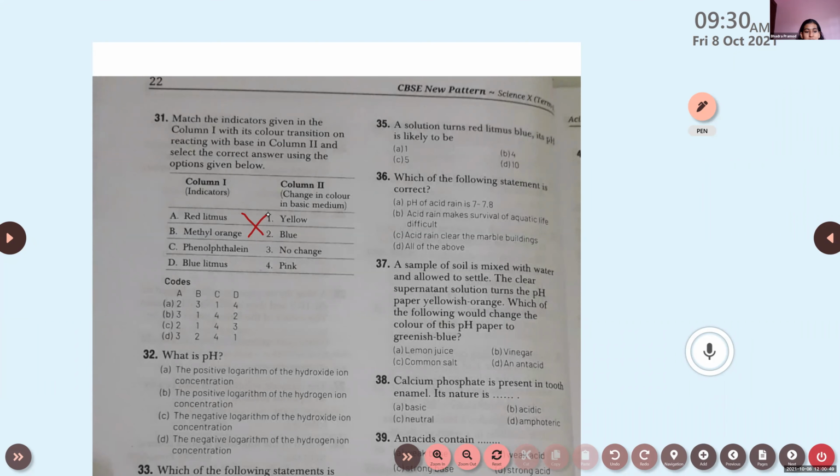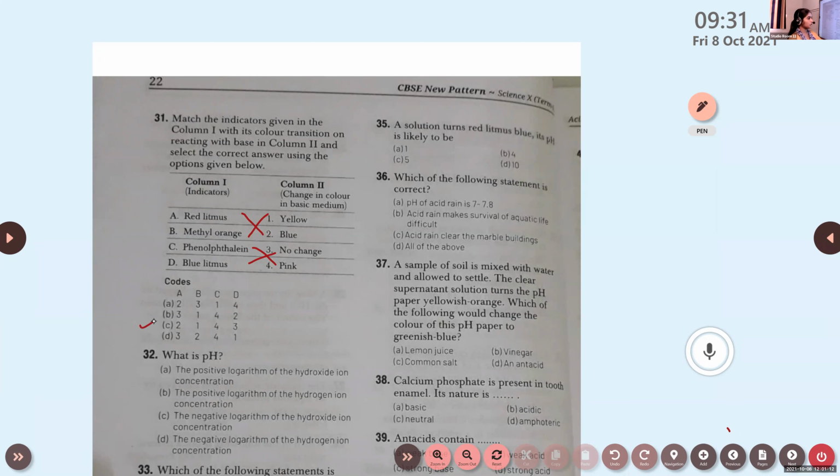Pink. Then blue litmus? No change. So which is the correct option? A, B, C, or D? C. Yeah, it's C. 2, 1, 4, 3, right?